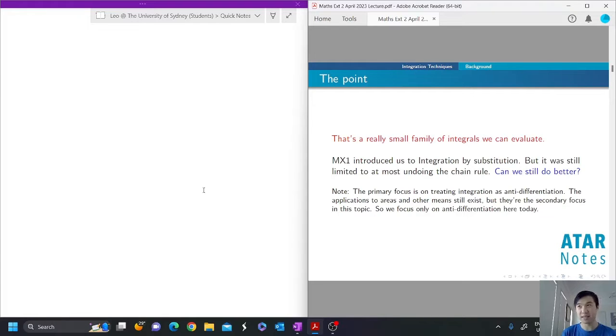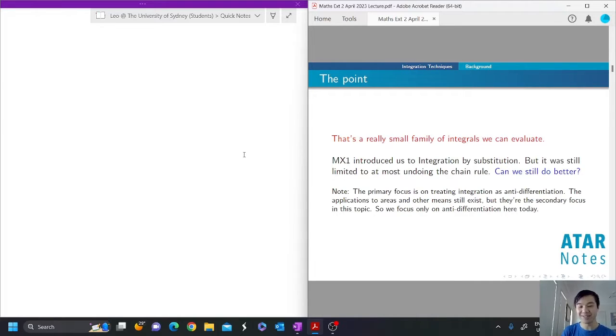If you went to my Extension 1 lecture for the series, you might have remembered me talking about the chain rule type integration by substitution questions, where it's kind of dumb having to use the substitution because you can just easily do it with the reverse chain rule. But there's still limitations to what you can do with integration by substitution.